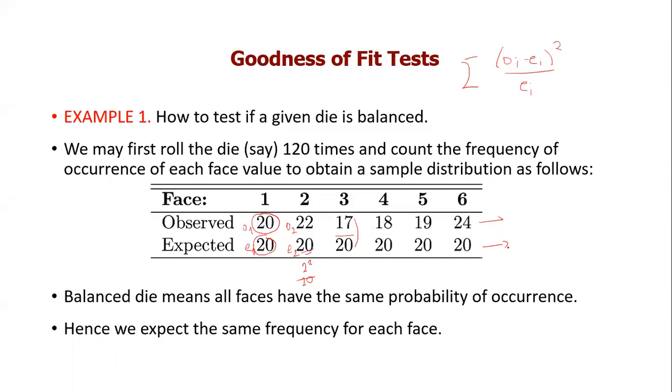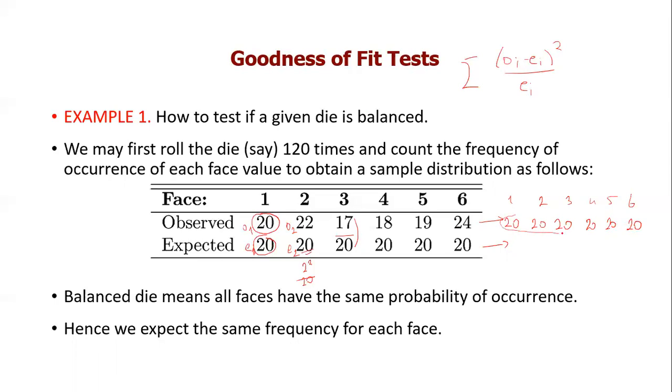So if O I is equal to E I, what does it mean? You will have something like this: you will observe 20 for the first, 20 for the second experiment, 20 for the third. So this is 1, 2, 3, 4, 5, 6. 20 for the fourth, 20 for the fifth, 20 for the sixth, right? And this is your observation.